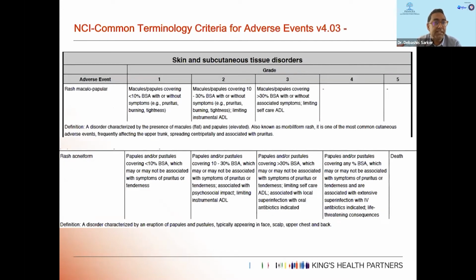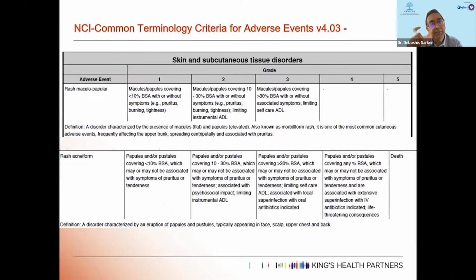And I've just listed here the NCI CTCAE version 4, okay? I've given an example here of how rash is defined, because there are actually two ways of defining rash. The top looks at the CTCAE criteria for maculopapular rash, and the one below is the CTCAE criteria for acneiform rash.